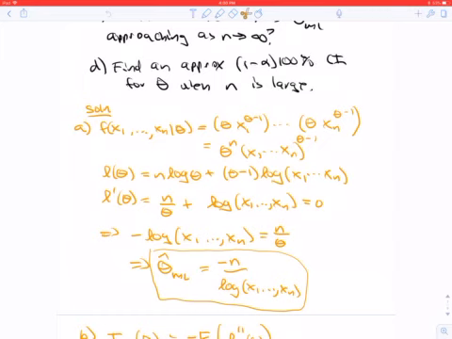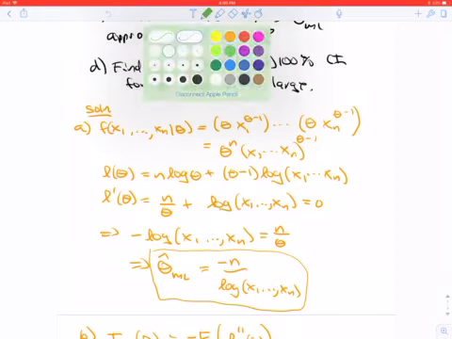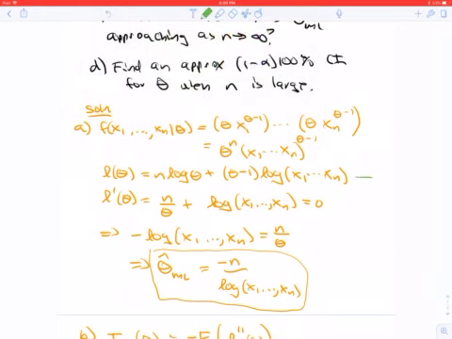So notice now that my log likelihood function, which is this, is more complicated than with a single observation, but that is the curve that I'm finding the maximum of with respect to theta.